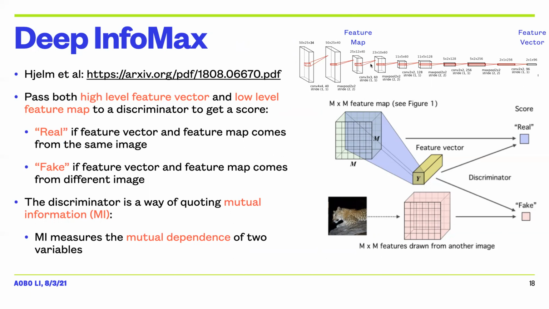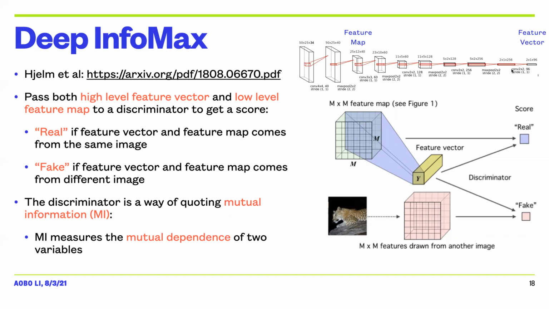Then after stacking several CNNs on top of each other, eventually this converts the feature map into a 192-dimensional feature vector at the very end. The idea of DeepInfoMax is to utilize both the high-level feature vector and the low-level feature map.